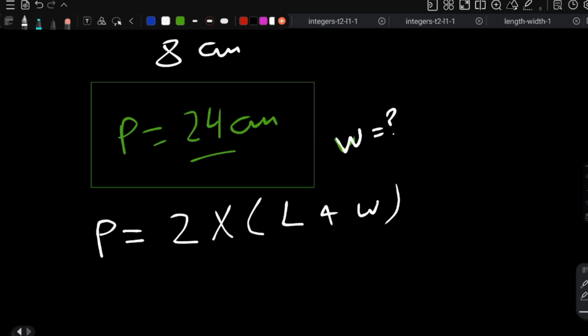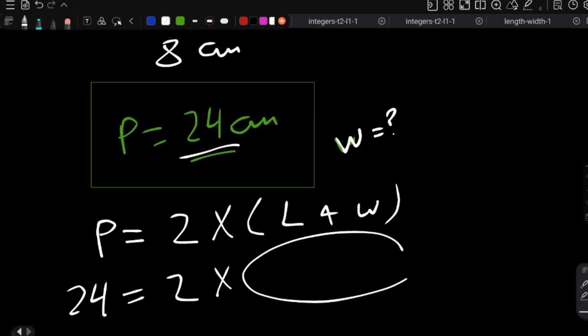Width here. Okay, so we have as a given here 24 centimeter equals 2 times what number? Give me 24. We started in the relationship, you remember? 2 times 12. Okay, and he gave me one part.